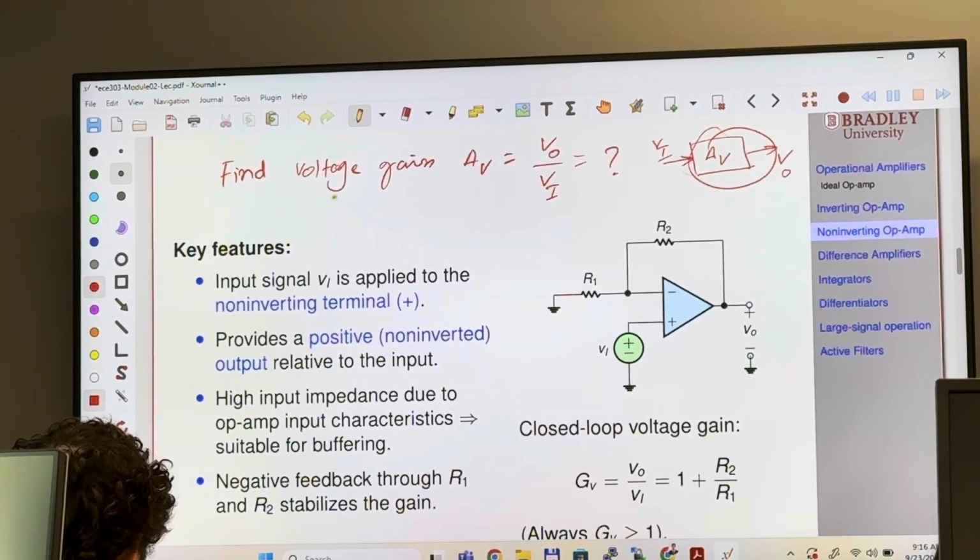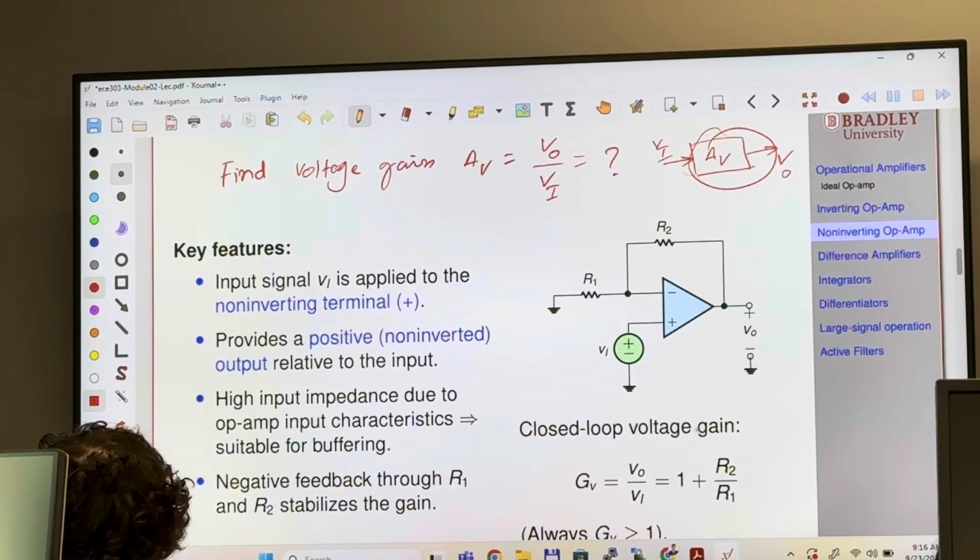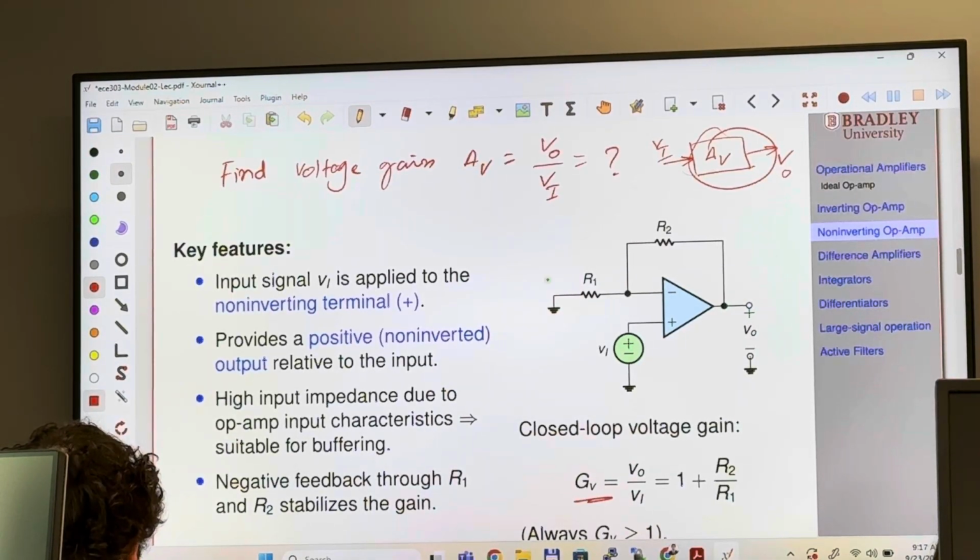Okay. So we want to find this voltage gain AV. But here I put GV, the closed loop voltage gain, with the same expression. Don't get confused.